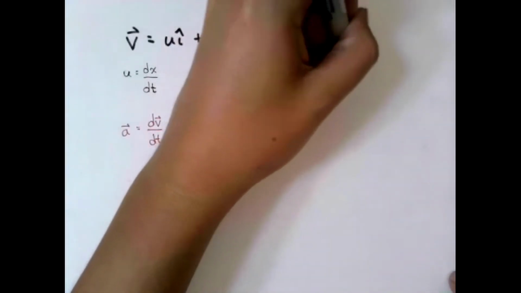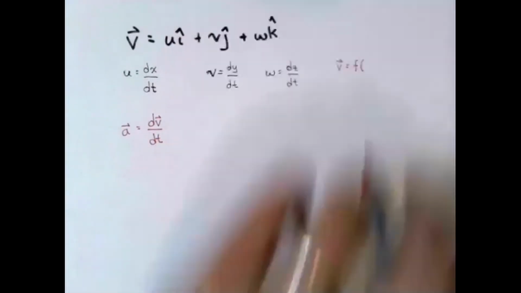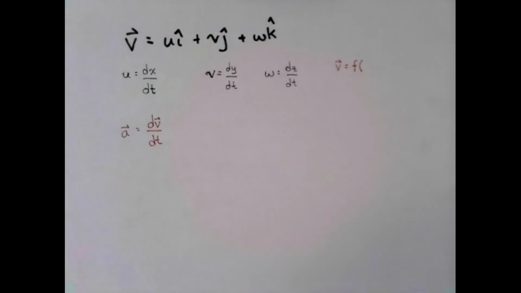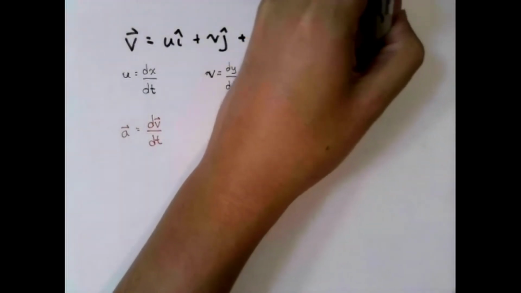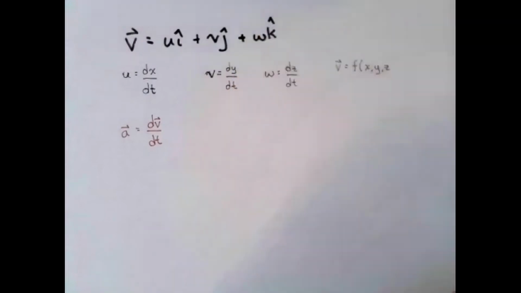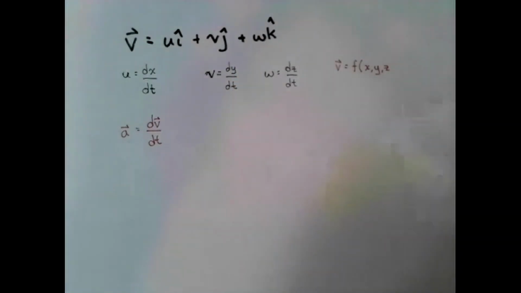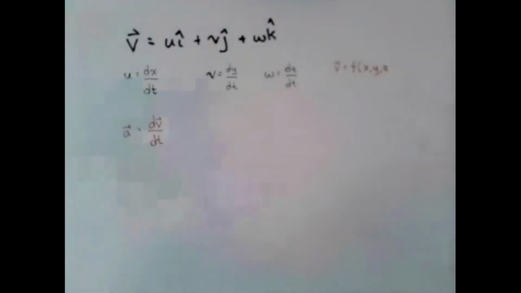So the velocity of a fluid particle in most cases is going to vary with both location and with time, which means that we can take the velocity of a fluid particle to be a function of its Cartesian coordinates, x, y, and z, as well as a function of time.